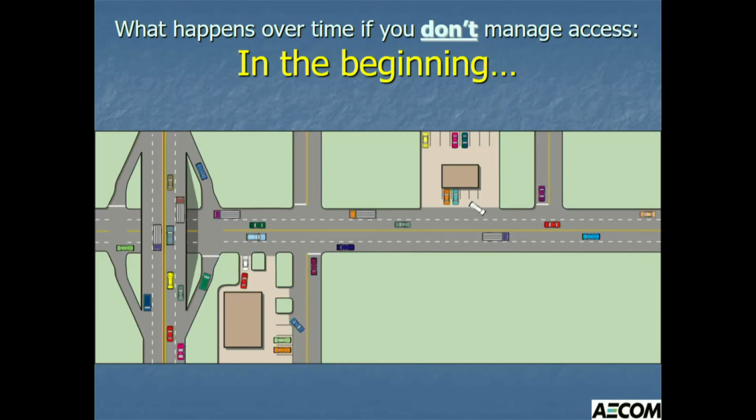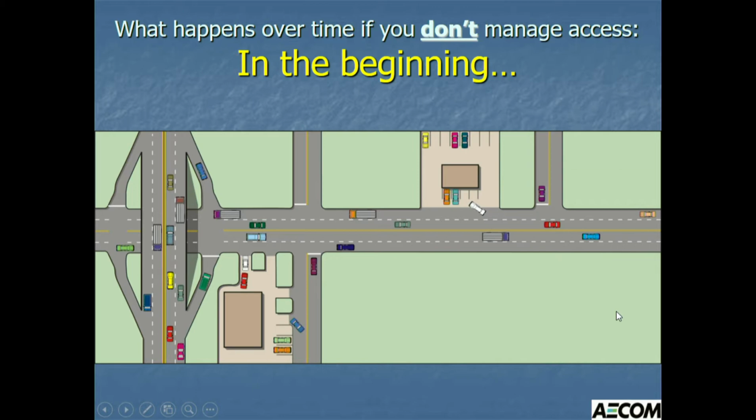But a picture is worth more than 1,000 words. So rather than try to explain what access management is, I think it's more beneficial to illustrate what happens if you do not manage access. It looks like a very simple situation, relatively low volume road. You have an interchange, 4-lane roadway, looks pretty innocent, tranquil.